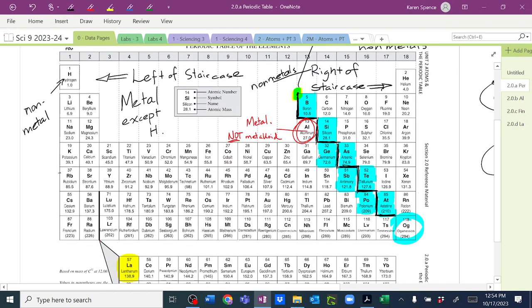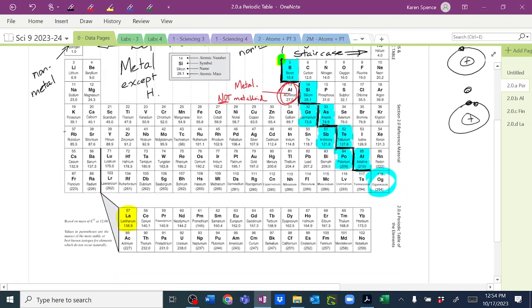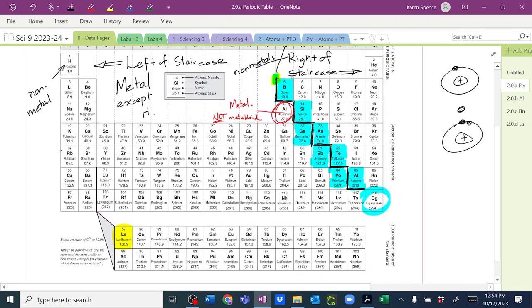Okay. Now, what about these things down at the bottom of the periodic table? I could be asking for a group name.